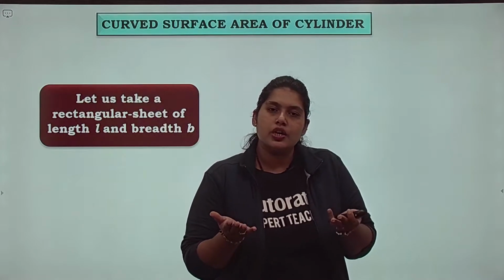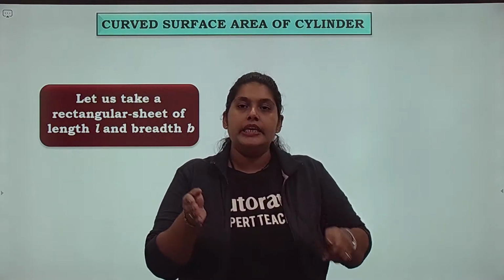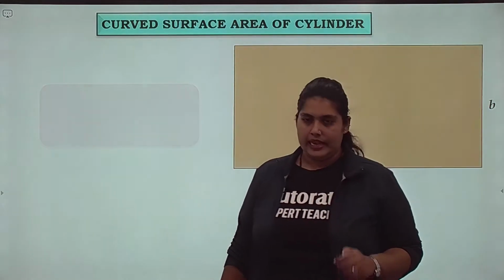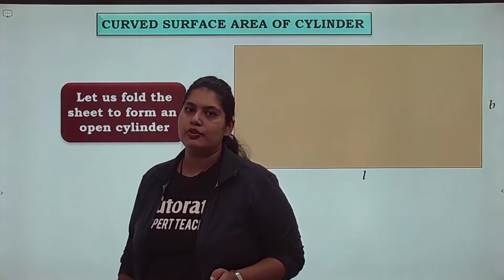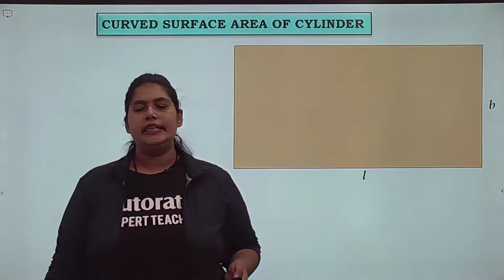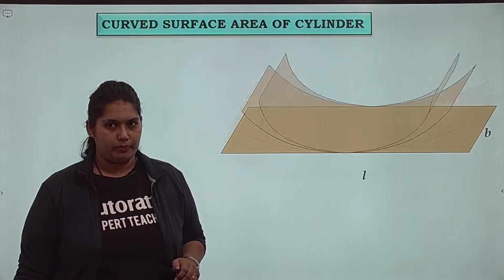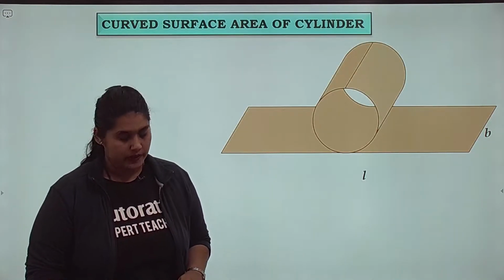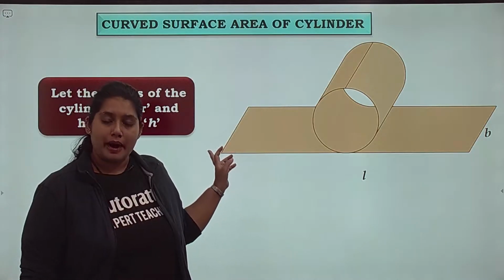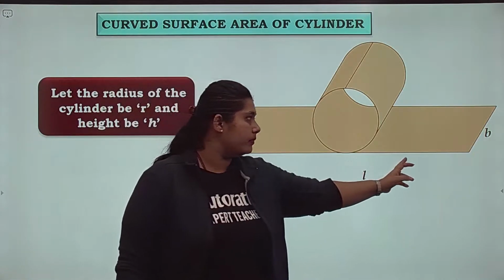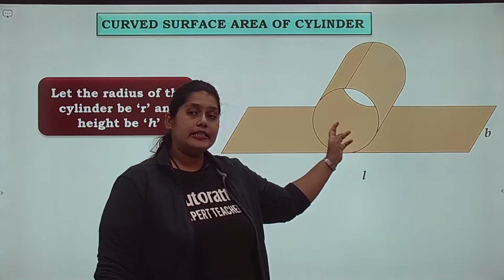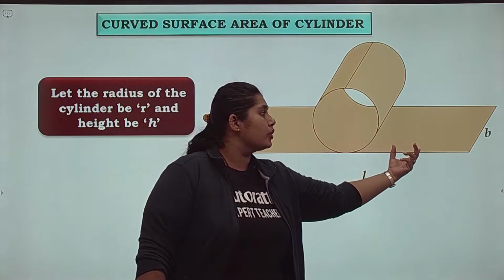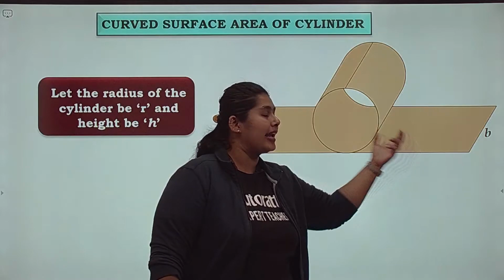And you try to fold it in a circular format. I have taken this paper and I am trying to fold it in a circular format. Fine. So what did I observe here children? That my cylinder is formed from the sheet of my rectangular paper.